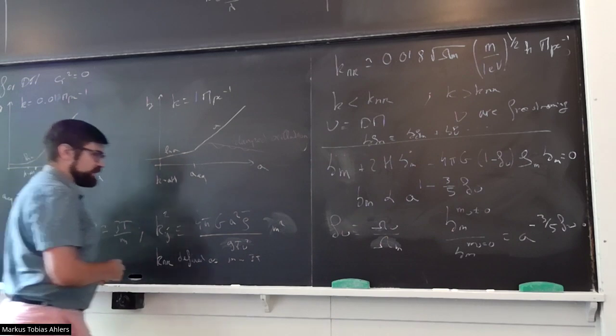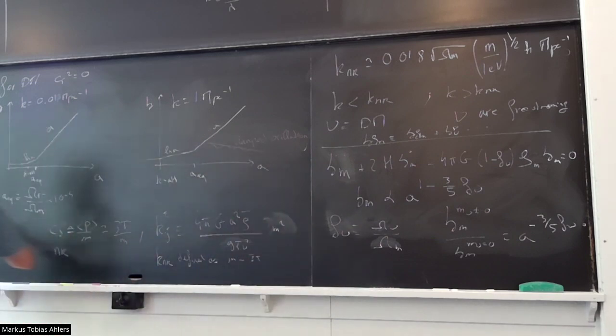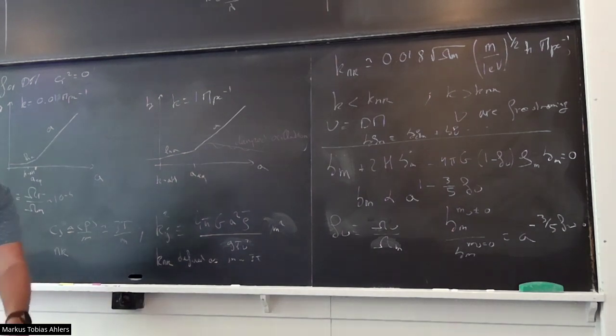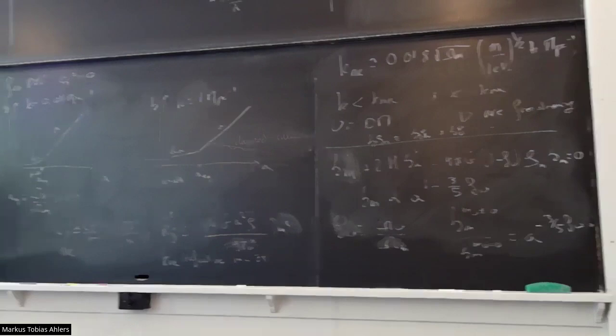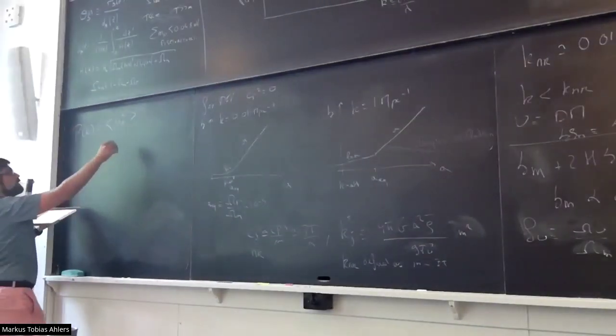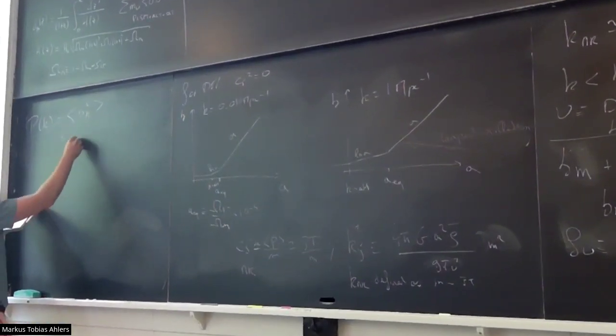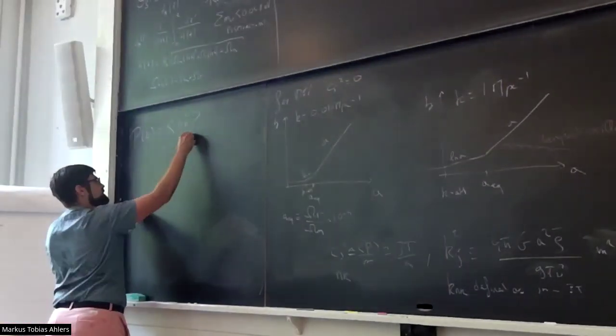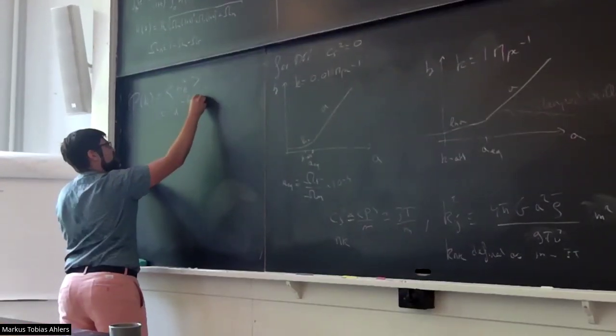And then we can derive that the matter power spectrum, which is defined as the square of the average of this delta k, is going to scale like a to the, if you wish, 6/5 of f_nu.